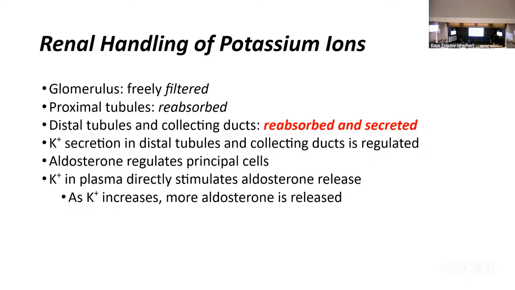We know that we do some pumping of solutes in order to adjust our medullary osmotic gradient. But by the time we get to our distal tubules and collecting ducts, we're going to do some more reabsorption of potassium, but also potentially some secretion here. So that secretion piece is the bit that we're going to focus in on when we think about what additional facts we want to know about potassium.